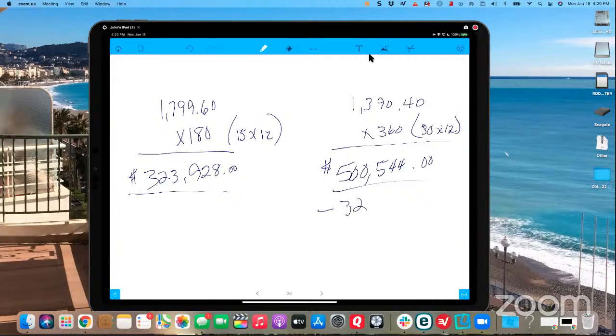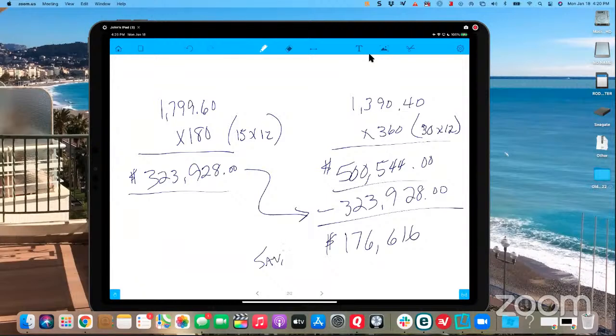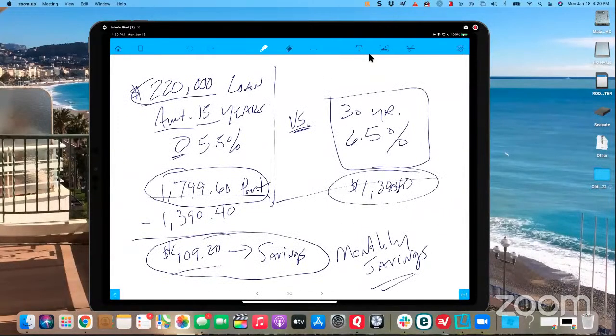Now I would just bring this over and subtract it because they want to know what the savings is. So when we subtract 323,928, I get 176,616 savings over the life of the loan. So everybody with me? This is your savings right here per month between the two.